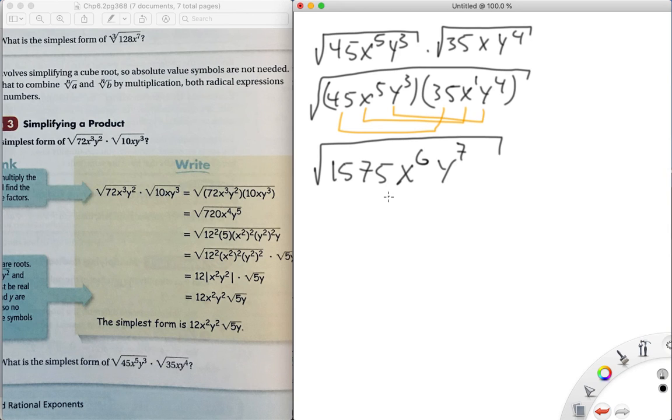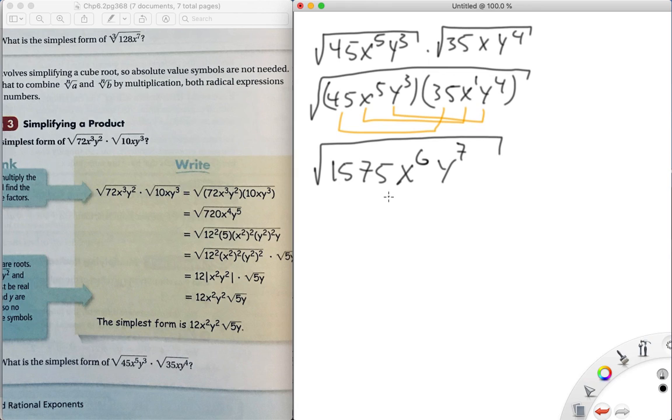If I look at 15 squared, which is the next one up, that's 225. Can I divide 1575 by 225? Yes, I can. Hallelujah. And then 25 squared is 625. Can I divide 1575 by 625? And I cannot. So that's not going to work.